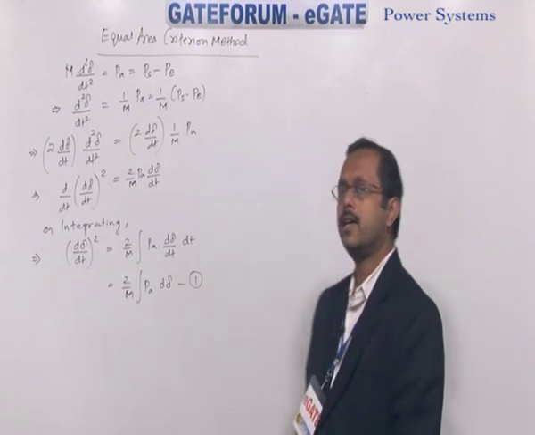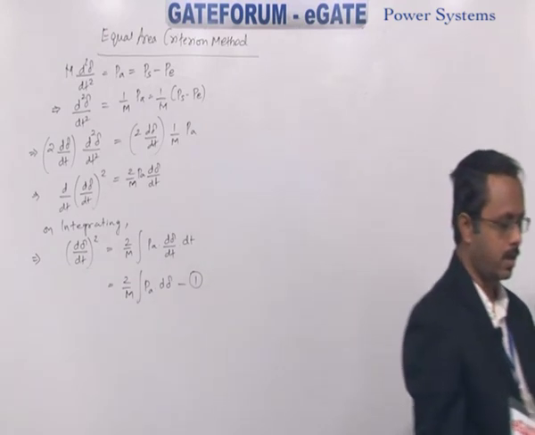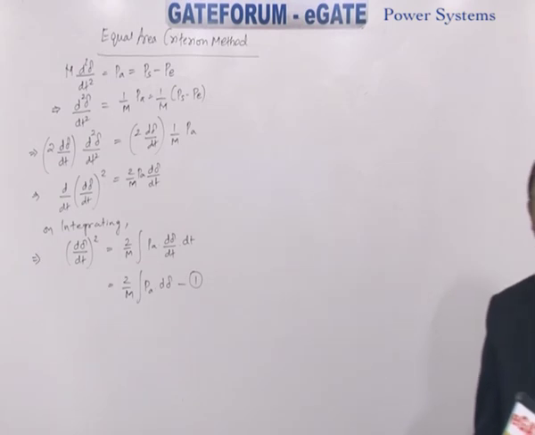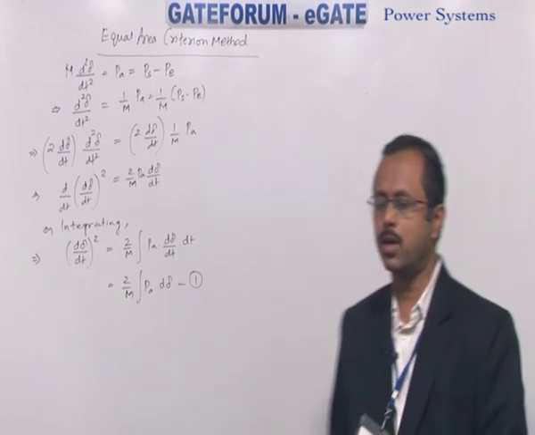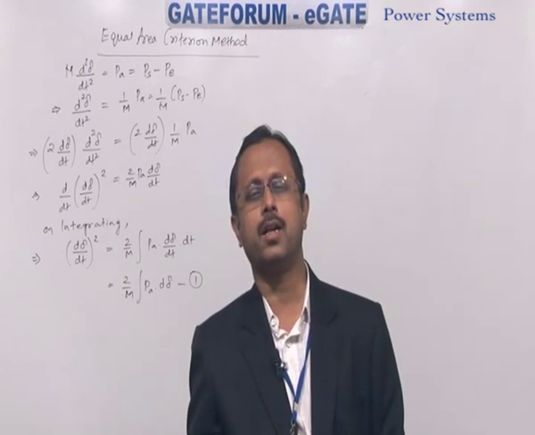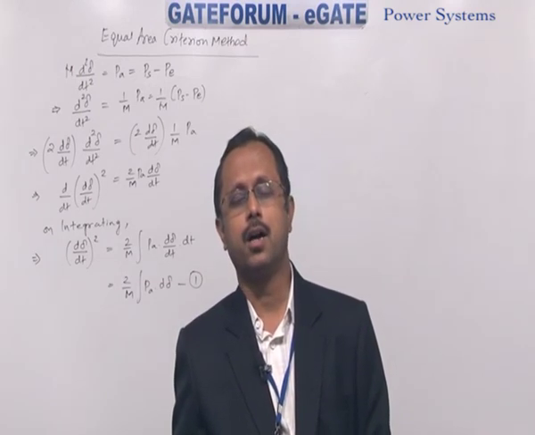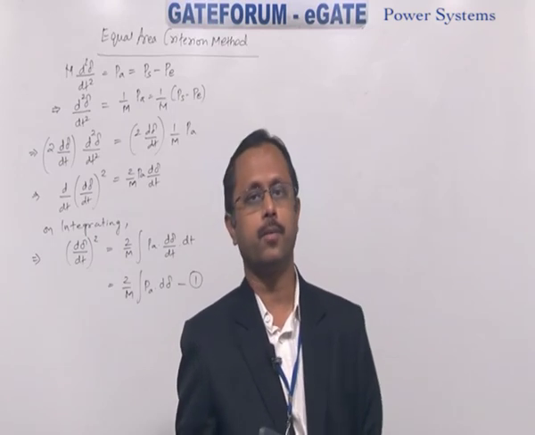Now you know that initially the load angle is delta naught. Delta naught is a constant, and whenever you differentiate a constant you get 0.